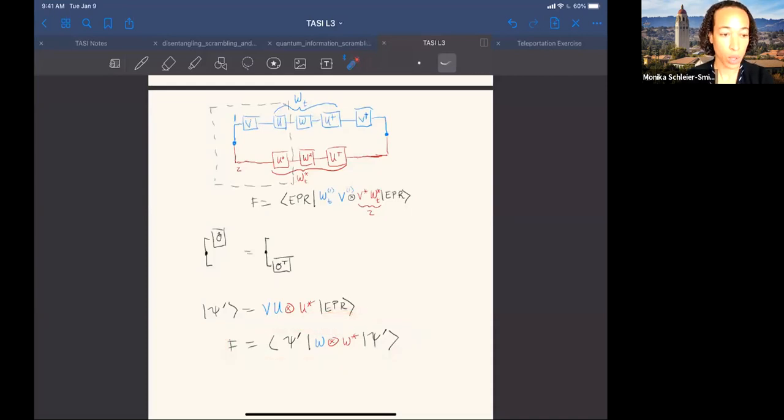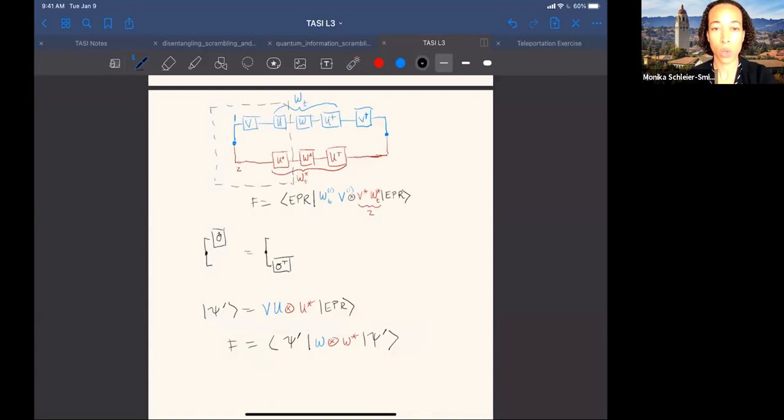So that's another approach to measuring this out of time order correlation function. But actually the thing that inspired this approach, so this gives a recipe for measuring one particular out of time order correlation function involving these operators V and W.